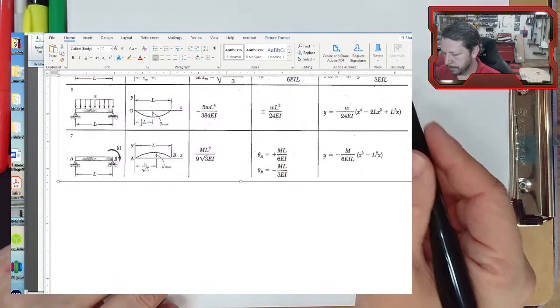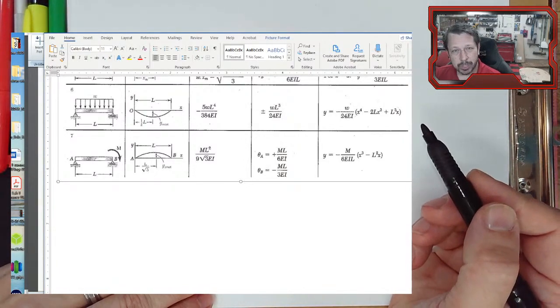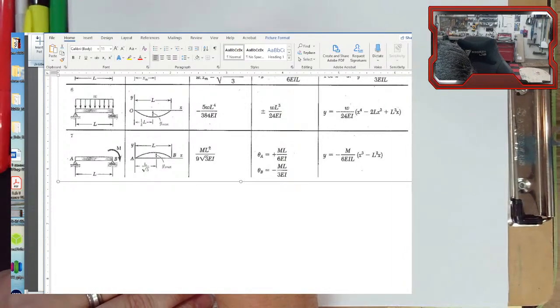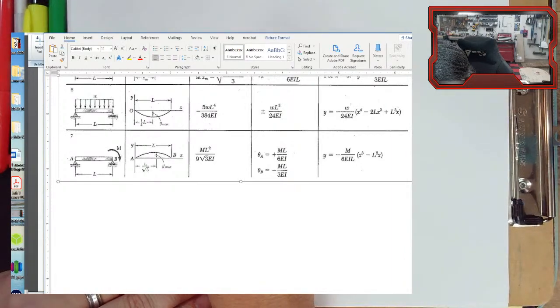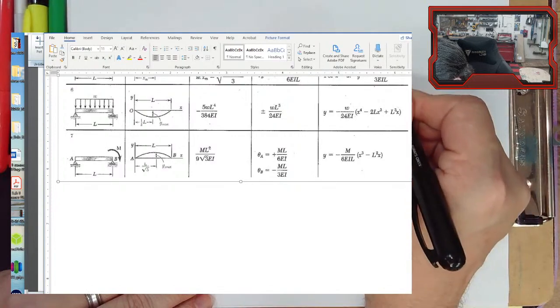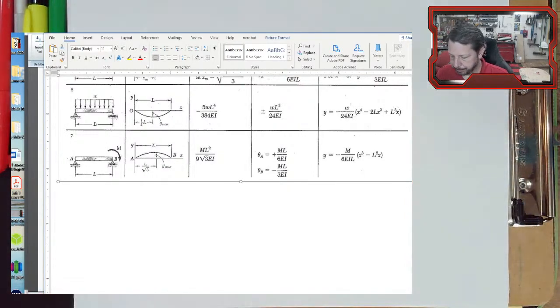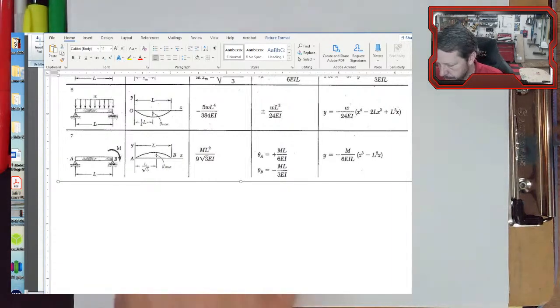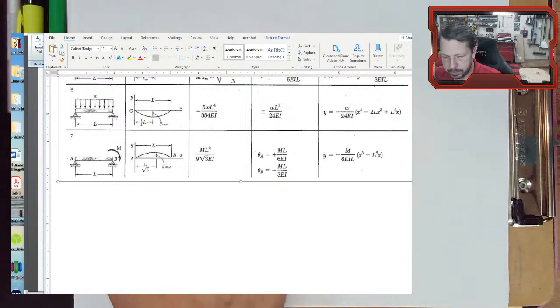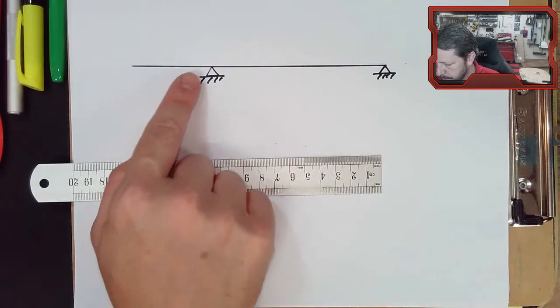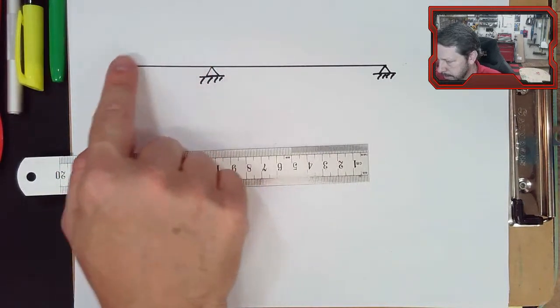So let's have a simply supported beam, sort of. Let's put one of the supports not at the end, though. We'll put the other support at the end. And then let's just put a distributed load on the overhang here.